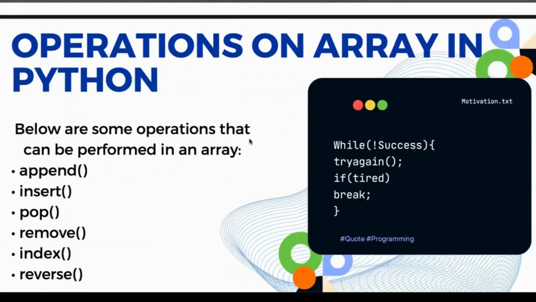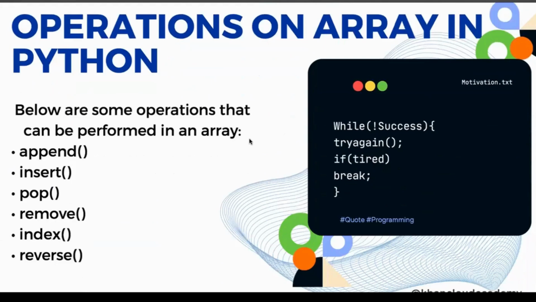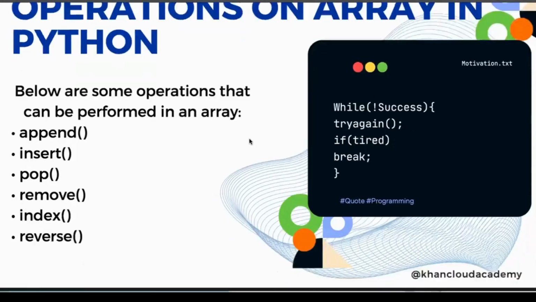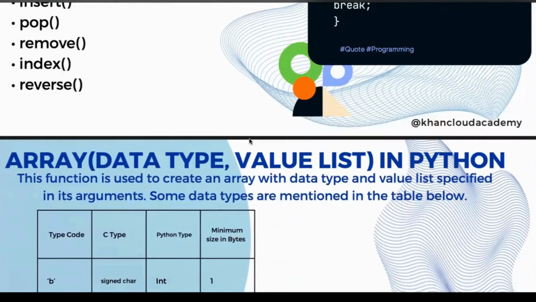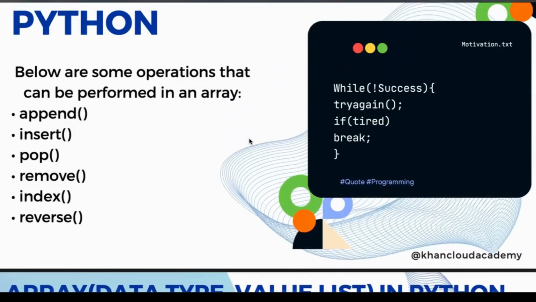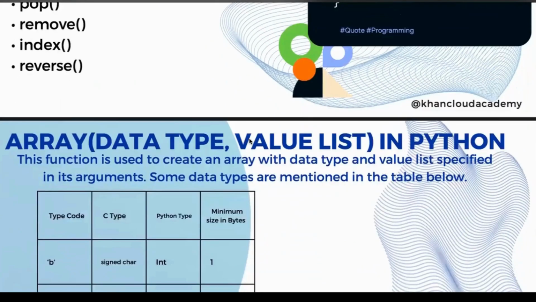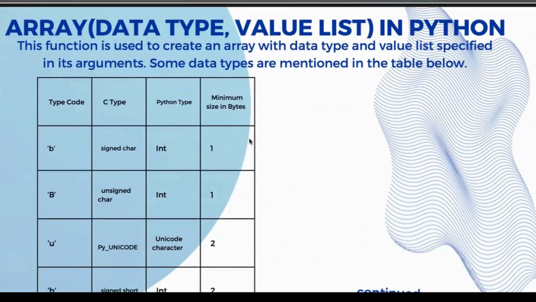Operations on arrays in Python, that is a very important topic. In Python, there are 6 types of operations mentioned here: append, insert, pop, remove, index, and reverse. In this topic we are going to discuss append. But before moving ahead, we must know the array data type value list in Python.